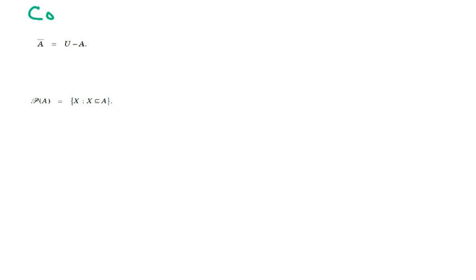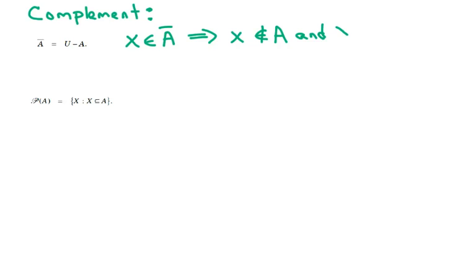Okay, complement. What does it mean for an element to be in A complement? Well, if x is an element of A complement, then x is not in A and x is in U. In other words, x is in U, but x is not in A. And here's the power set. Usually we use a capital X for this.